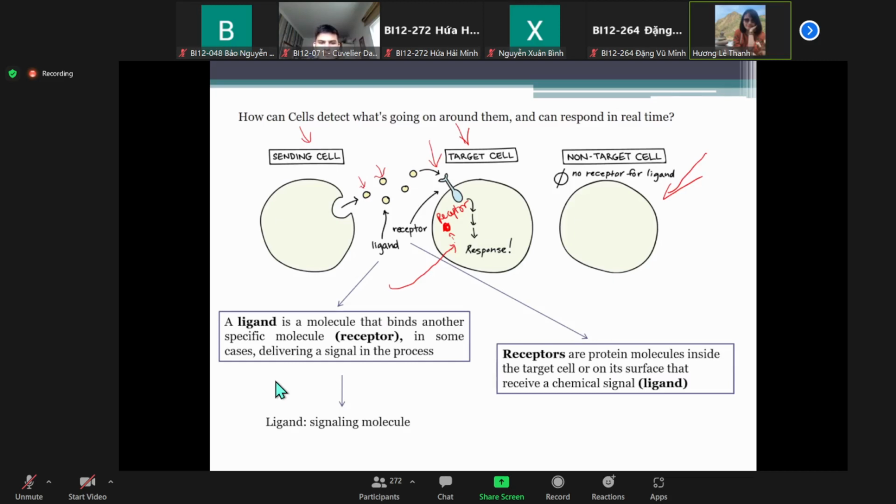The cell is the same. The ligand will come to bind to the receptor of the target cell. It's like a key and a lock. So the ligand can freely go through the bloodstream, but only the cell that has the receptor that binds that ligand can receive the information, not the others.